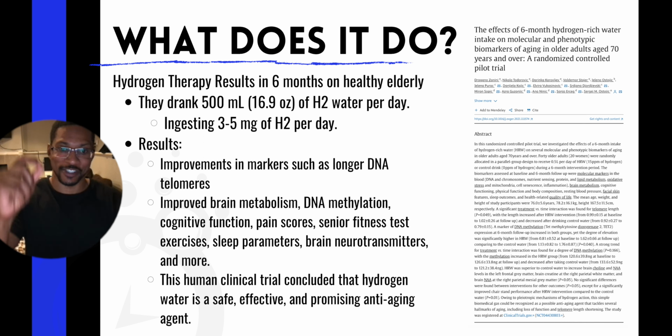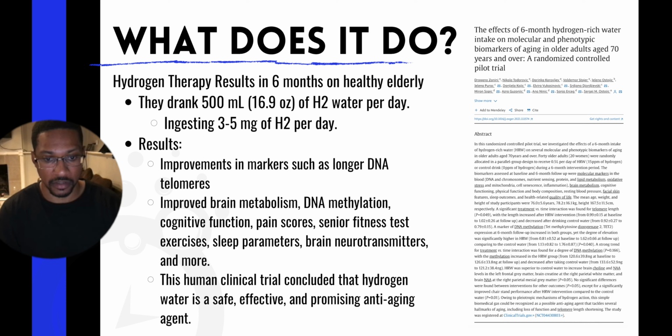Like I just said, hydrogen increases the telomeres of the cell, improved brain metabolism and DNA methylation, cognitive function, pain scores, senior fitness tests or exercises, sleep parameters, brain neurotransmitters, and more. This human clinical trial concluded that hydrogen is safe, effective, and a promising anti-aging agent.